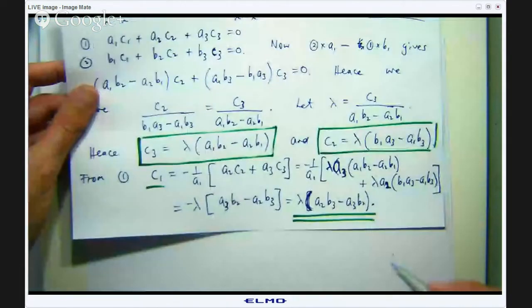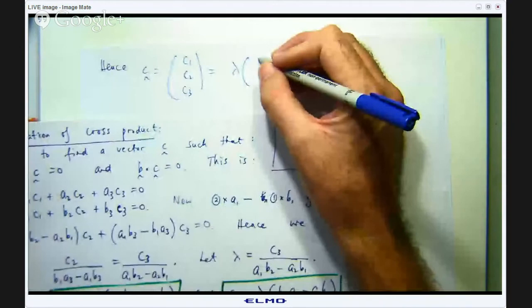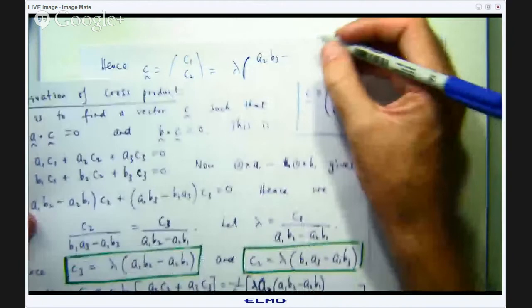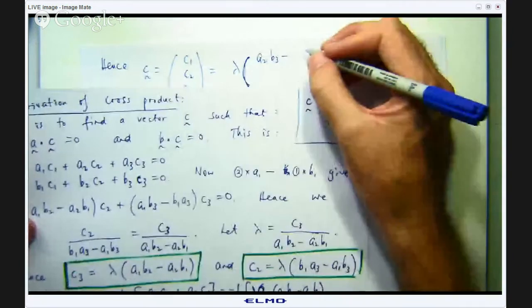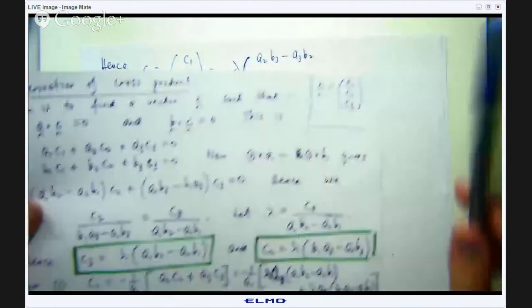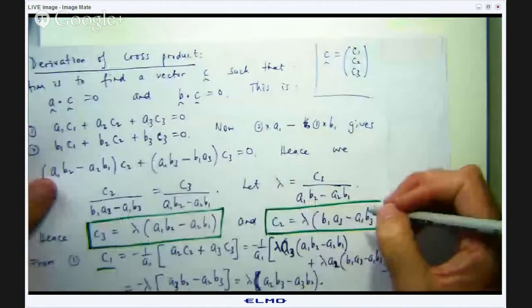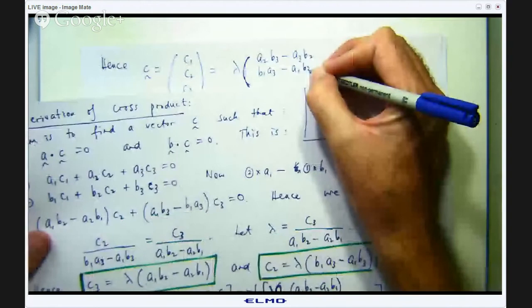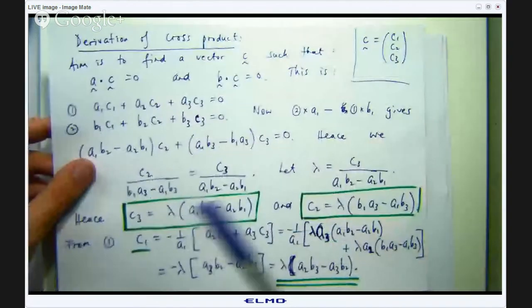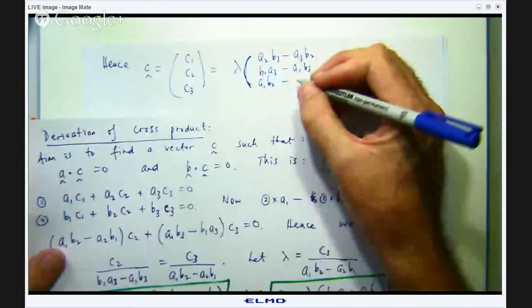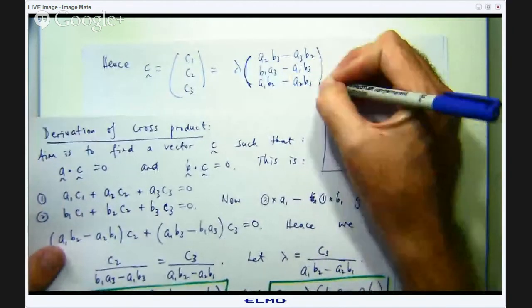So it's going to be A2 B3 minus A3 B2, B1 A3 minus A1 B3, and A1 B2 minus A2 B1.